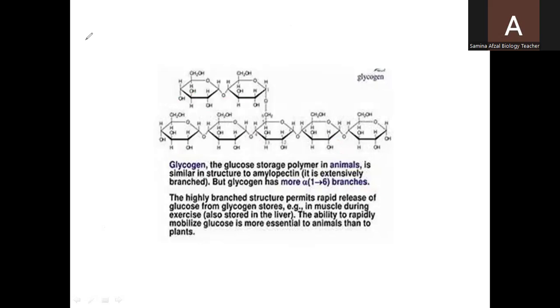So glycogen, the glucose storage polymer. You can see this is the structure of glycogen. The glucose storage polymer in animals is similar in structure to amylopectin. Already told you, it is similar in structure to amylopectin. That is, there is presence of both types of linkages, 1,4 and 1,6, but the highly branched structure permits rapid release of glucose. Because it is highly branched, these bonds are broken down as soon as energy is required.